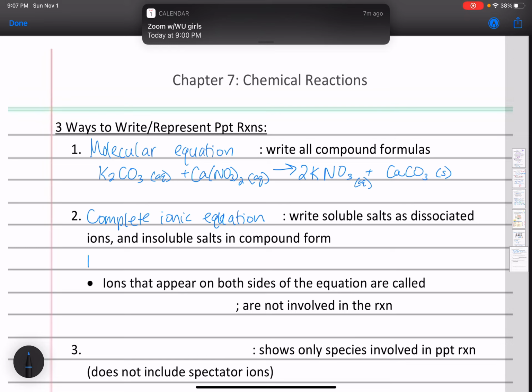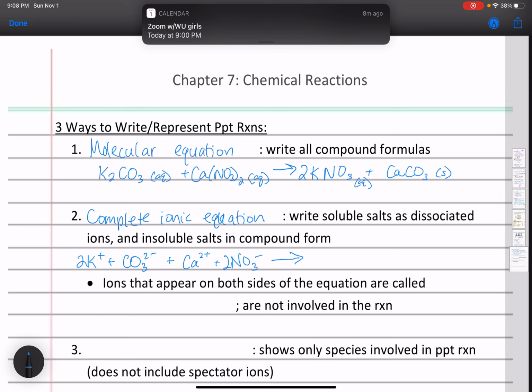So we take that potassium carbonate and say that it breaks up into 2 potassium ions and 1 carbonate ion, and we write the charges on each of those ions. The calcium nitrate dissociates into a calcium ion and 2 nitrate ions.